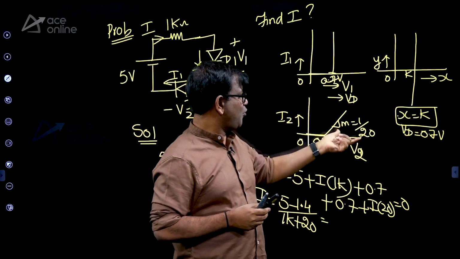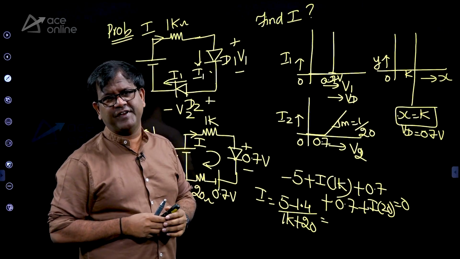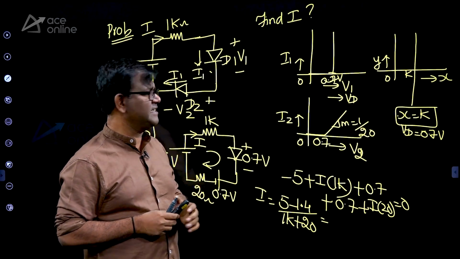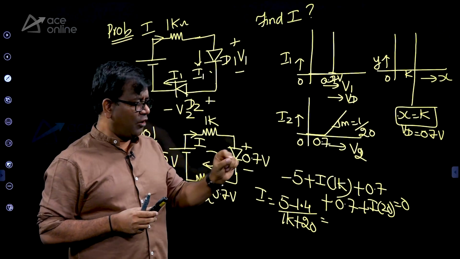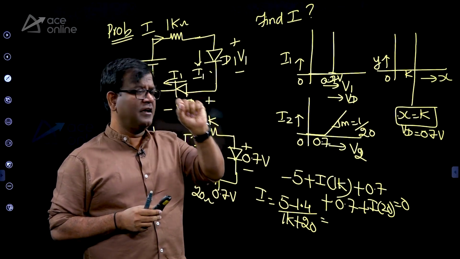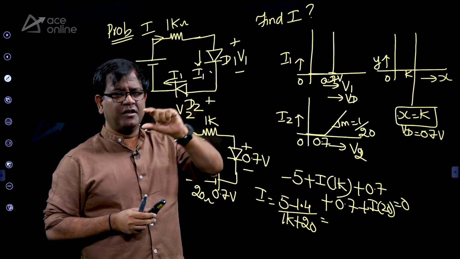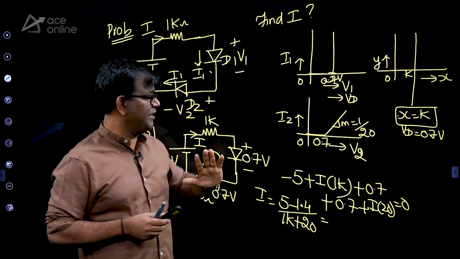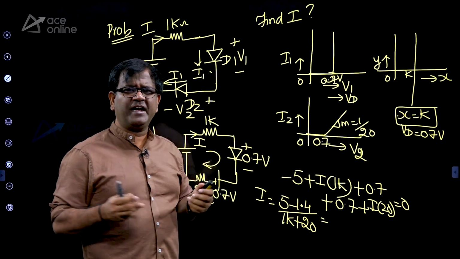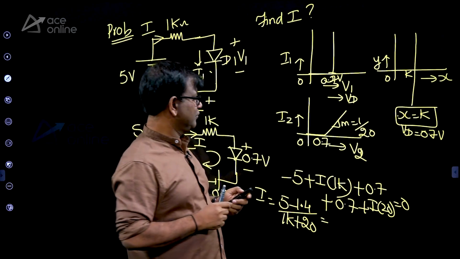So the basic coordinate geometry is very, very important for analog, right? 10th standard basic math: how to characterize a straight line, how to characterize a sine wave. For example, Vm sine omega t, Vm is the peak and T is the time period. So this basic mathematics is enough for analog, right?